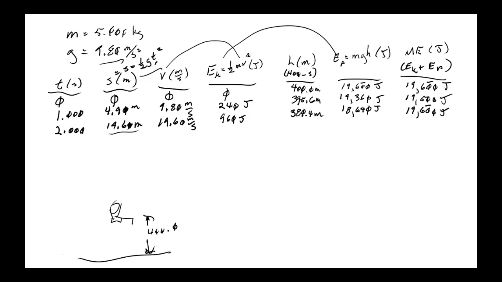So at the very bottom, it says t seconds would be 9.035 seconds, and that would be you fell 400 meters, velocity would be that, your kinetic energy, all of it kinetic energy, no height left, no potential energy left, so it's 19,600.